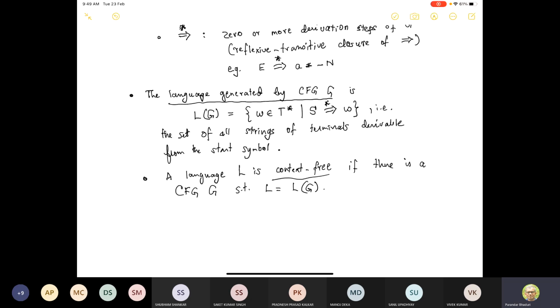So let us go back to the example of palindromes. What is the grammar?